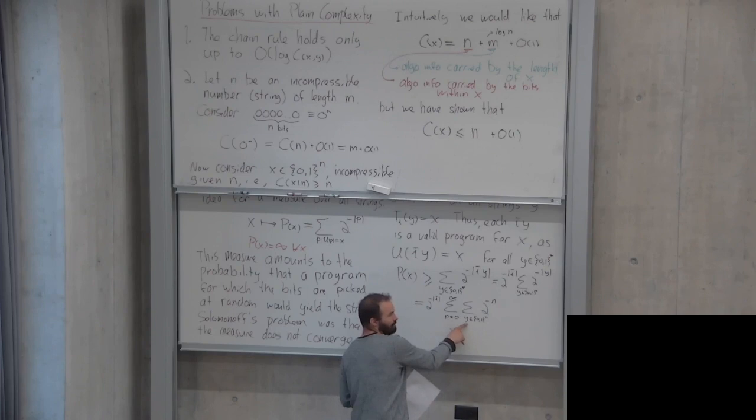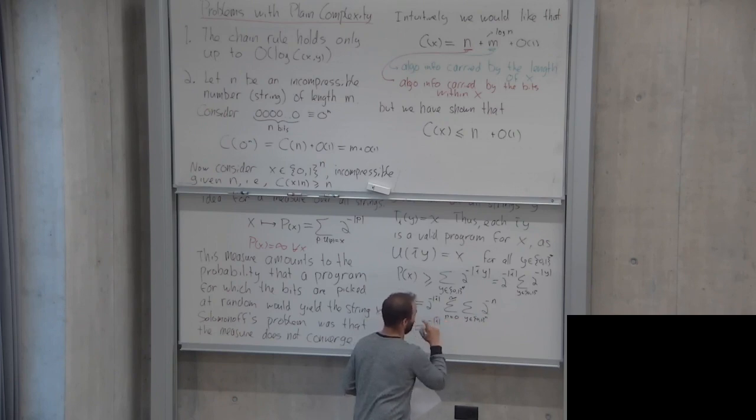Now this is a sum in y, and it doesn't depend on the argument. So I'm summing something for as many times as there are n-bit strings. I'm leaving n here.